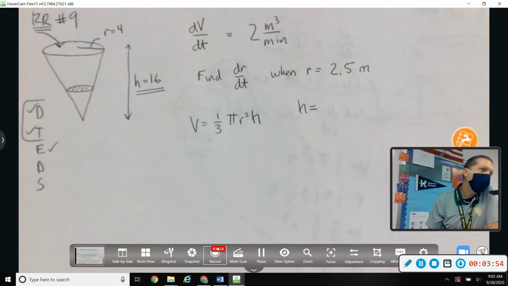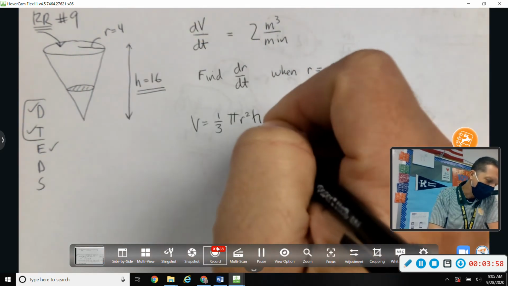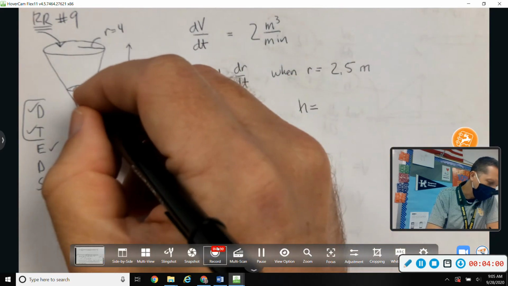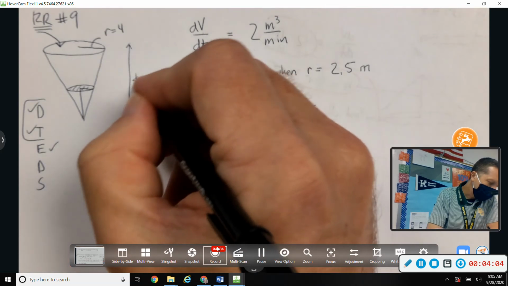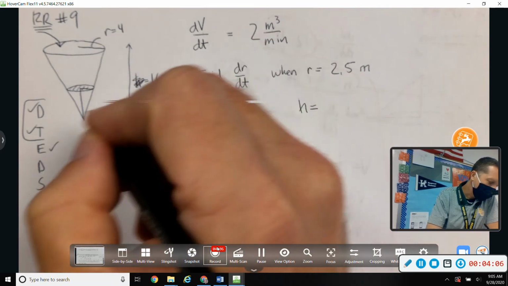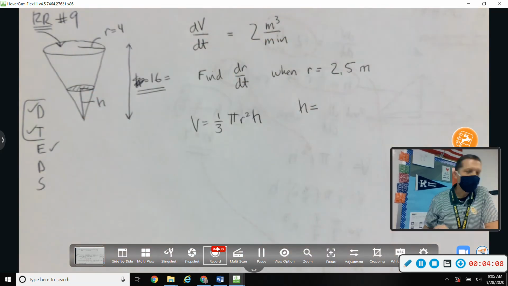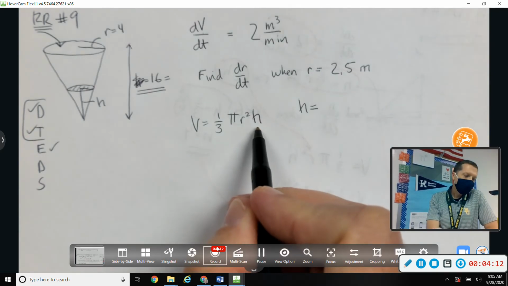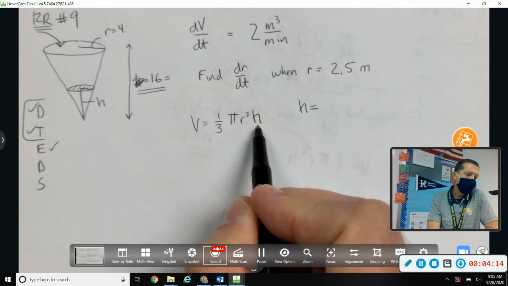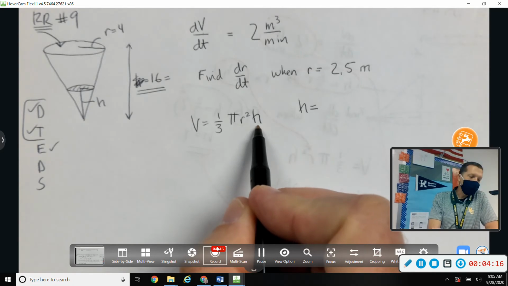Yes, h is 16, but that's the h of the tank. The dh/dt we're talking about is, so that's 16, but this h is changing. So I don't want to plug in 16 there, because h is changing. H is a variable. So only plug in a number if it's not changing.